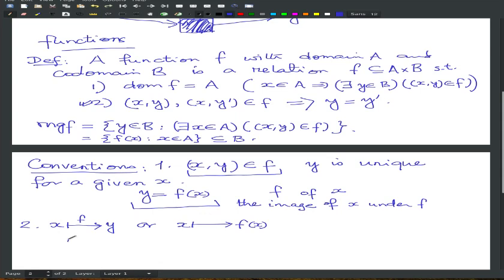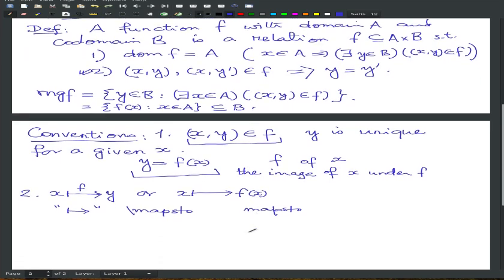And this symbol is often reproduced in LaTeX by \mapsto, and it is called the maps to symbol. So you will read this as x is mapped to y by f, or x is mapped to f(x), something like this. Okay, so that's another denotation of this symbol.